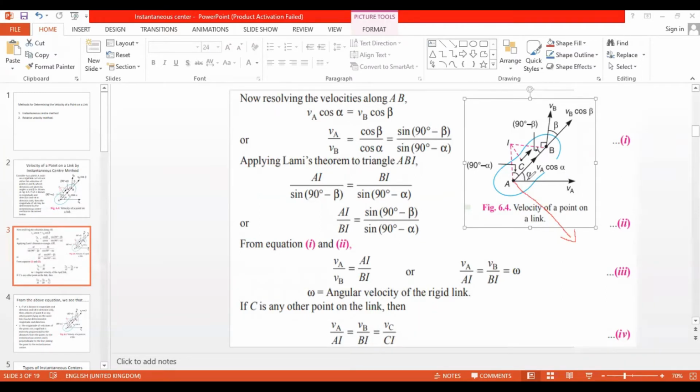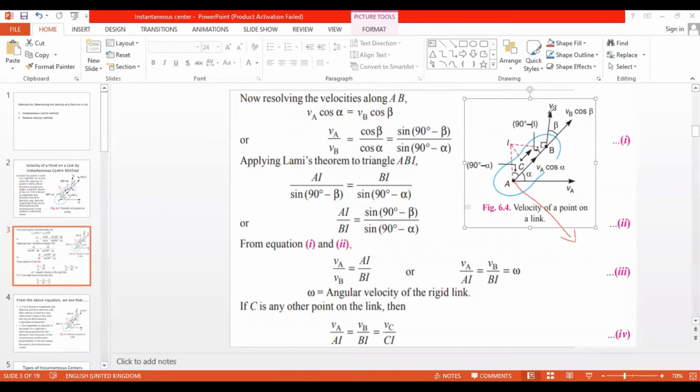Now we are resolving this vector along the line AB. So this is VA cos alpha along the line AB, which is equal to VB cos beta.